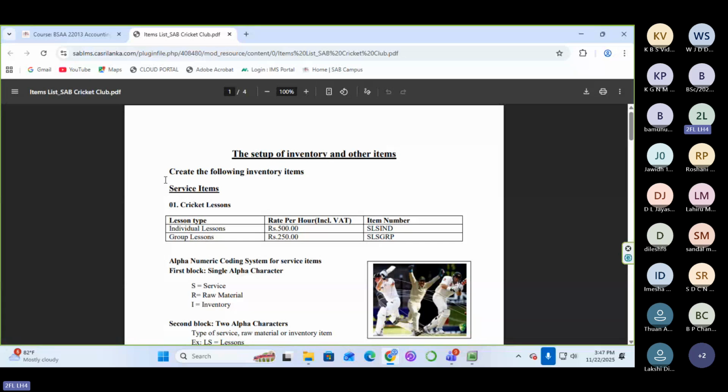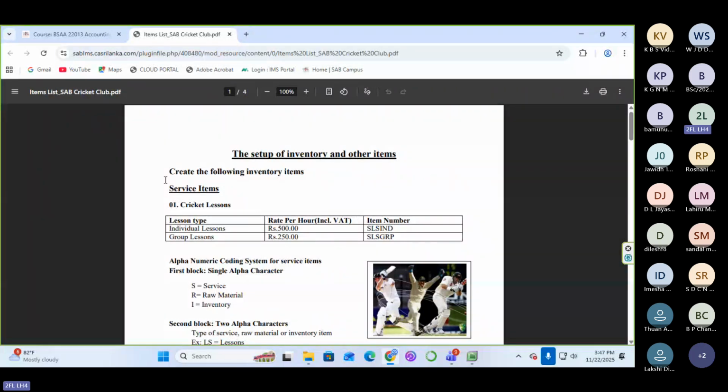So for one member, the cost will be 250 per hour per person. For an individual per hour, it will be 500. These figures may be too low, but for your understanding, we'll assume this way. The prices are tax inclusive. And in front of that, you can see there is an item number.